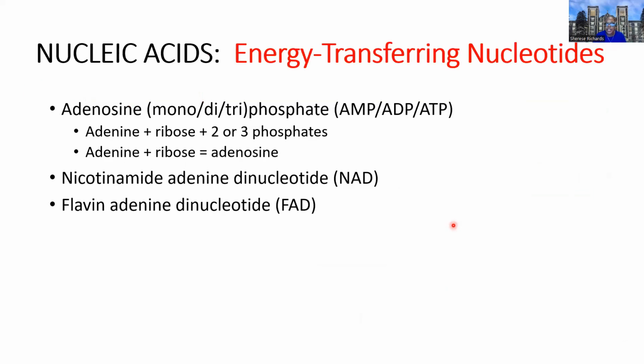Let's talk a little about the different functions of these nucleic acids. So we have different types, but their general function is to be energy transferring molecules. They help us to move energy around in the body. And so one of the examples is AMP, which is adenosine monophosphate, diphosphate, or triphosphate, depending on how many phosphates are attached.